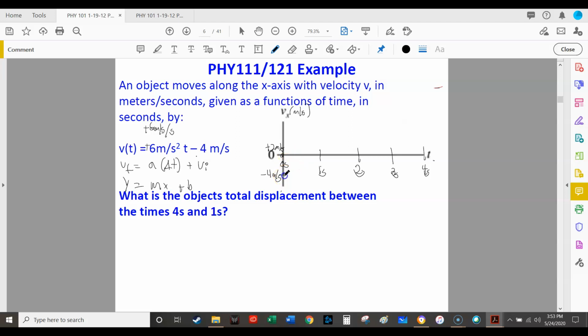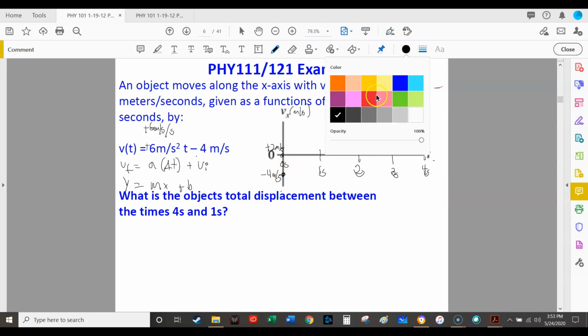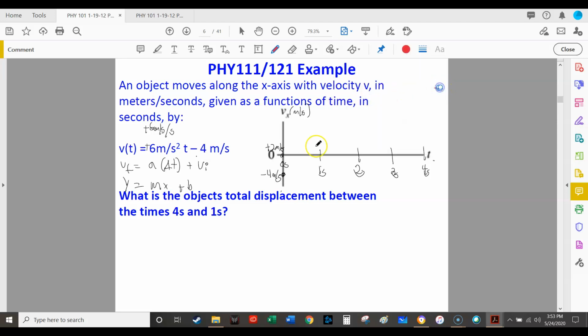So after the first second, and I'm going to use red to plot this, it's going to start off at negative 4, and then in the first second, you're going to add 6 to this. So negative 4 plus 6 is going to be positive 2, right? So that's what I'm saying, is I needed to change the nature of my graph, right?